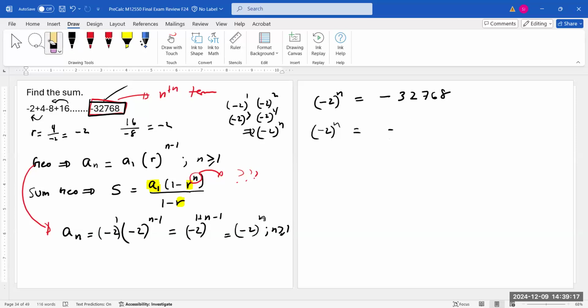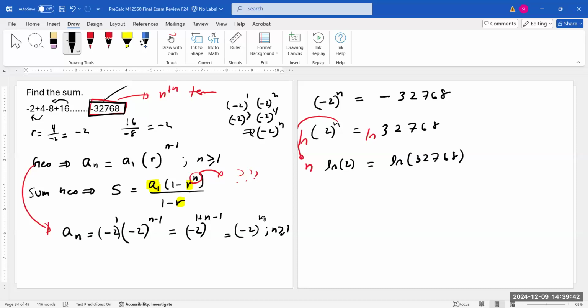Or you ignore the negative sign, 32768, and you apply ln. If you apply ln, then the n comes down as a coefficient, and you get n times ln of 2 equals ln of 32768.